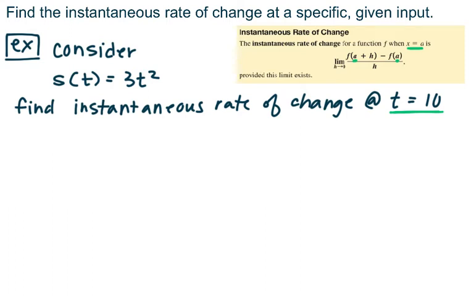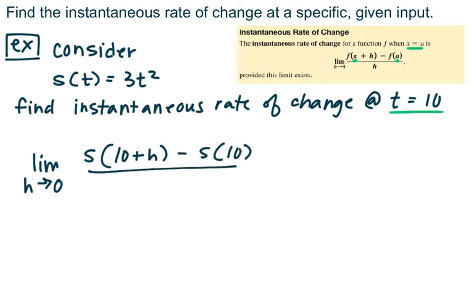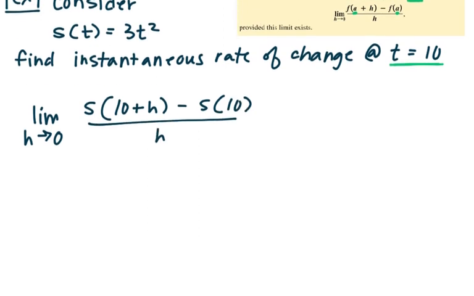In order to work through this problem, I'm going to write out my entire limit, the limit as h approaches 0 of s of 10 plus h minus s of 10, all divided by h.